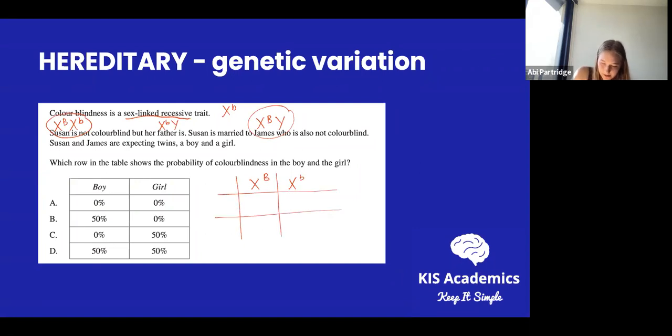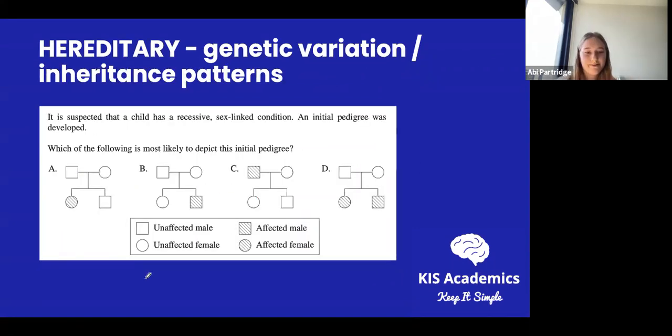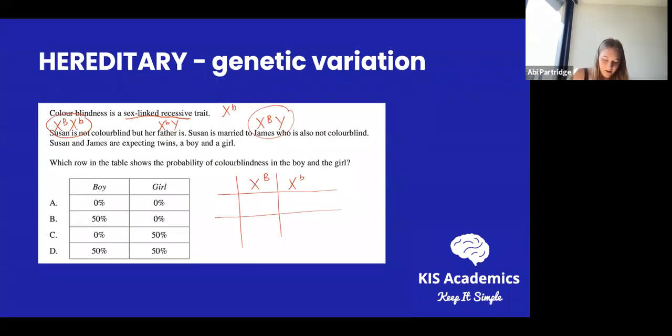And we'll make our Punnett square. And then we've got James over here. Okay, and then if we just do our thing, we've got XB, XB.